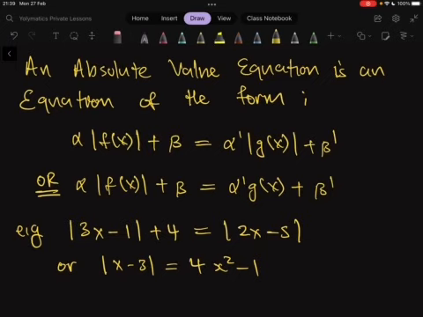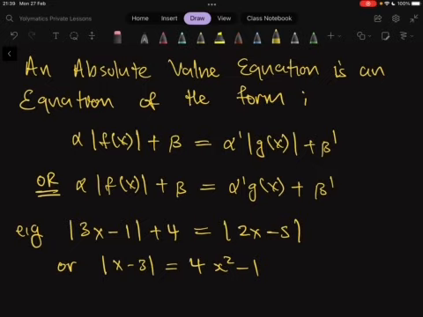So all these are typical examples of what are known as absolute value equations. Every time you come across equations like these, they are what we refer to as absolute value equations. And what we are going to do now is see how one can solve these equations using the various techniques that we have already mentioned at the beginning of this lesson, you see.